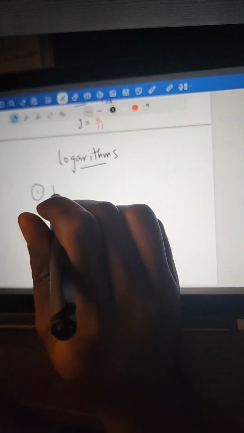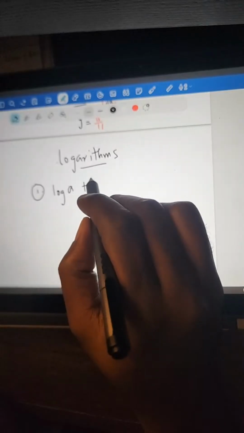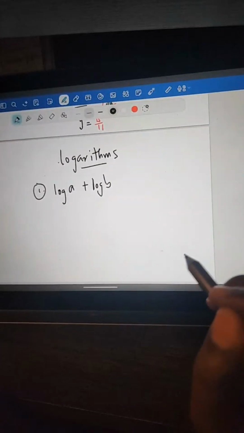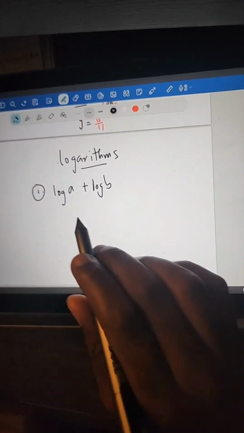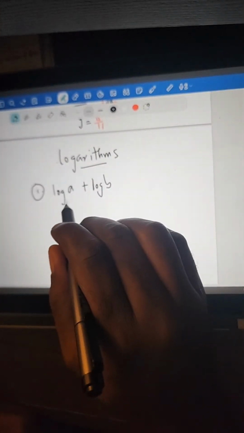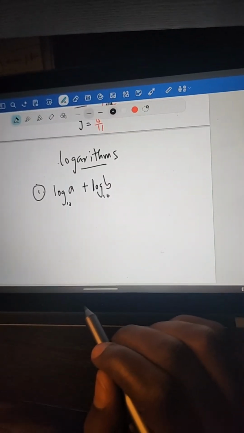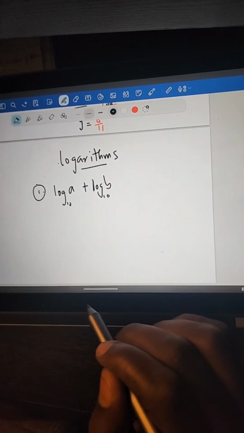The first one is that if you have log A plus log B, they have the same base. Originally, you assume that base is 10. This is just as an example, but here we believe they have the same base.